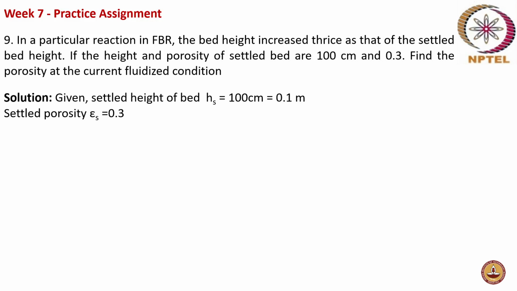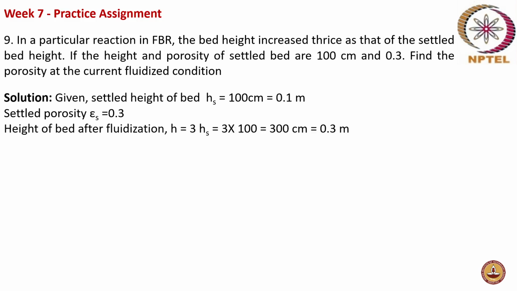Settled porosity epsilon s is equal to 0.3, they have given. So the height of the bed after fluidization is H equal to 3 times the settled bed height, that is 3 into 100, equal to 300 centimeter, that is nothing but 0.3 meter.